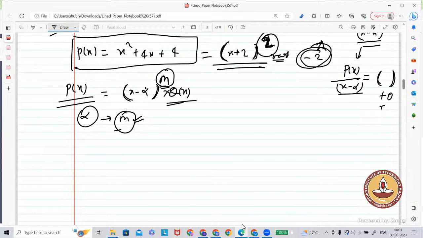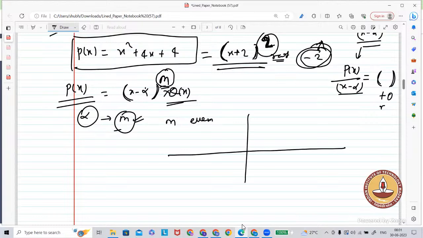One thing here: suppose this m is even, and once you draw the graph of this polynomial, at the root the function value will be 0. So if m is even, the polynomial behaves like this.